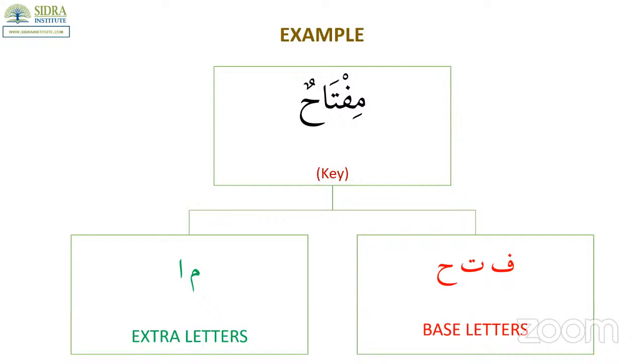In order to find the word we are searching for, we will have to search in this order of fa, ta, and ha. Okay, let me just put the laser, it might just help. So we will search in this order, fa, then ta, and then ha in section fa. We don't need to take into consideration mim and alif because these are the extra letters.